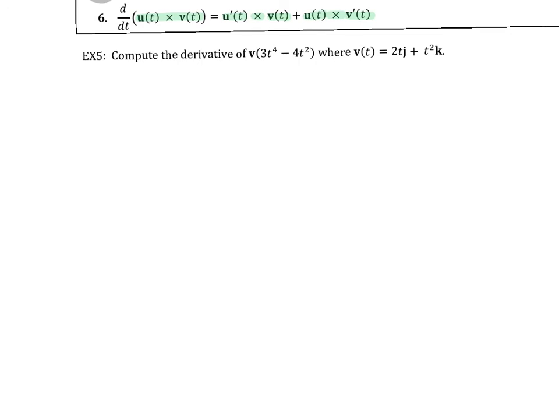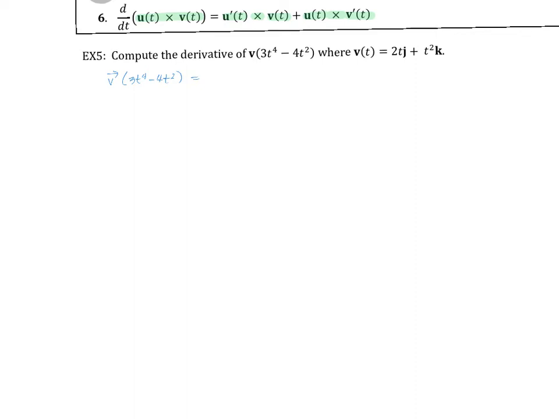So again, I'm not going to actually use the rule. I guess in a way, indirectly I am. What I'm going to do is actually figure out what this vector is first. So v of 3t to the 4th minus 4t squared, and this is a function in the normal sense, all that says is wherever you see t in our function v, replace it with 3t to the 4th minus 4t squared.